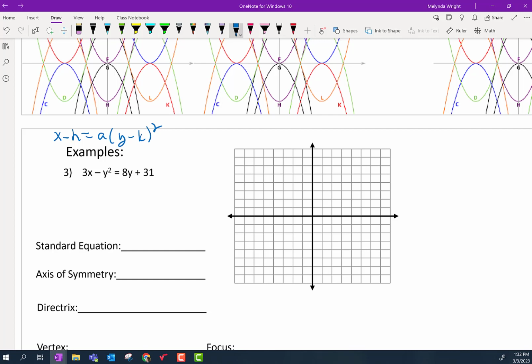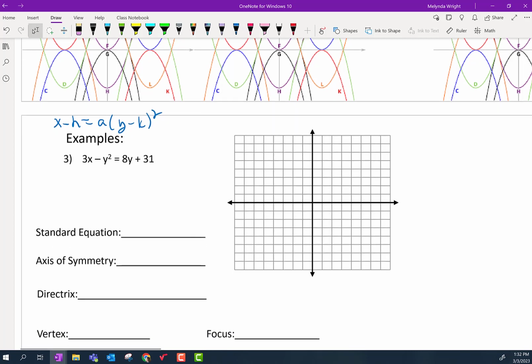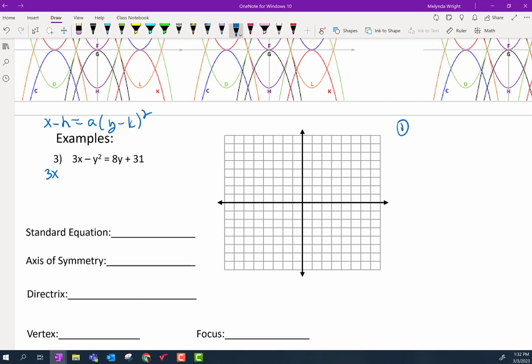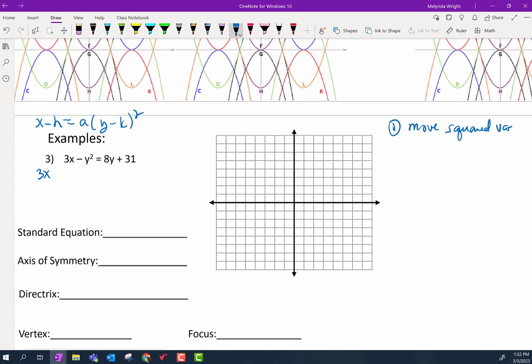Okay, so I need the x on the left side. It already is. That's great. So let's just start moving it where it should be. So I've got 3x. Okay, so I guess I should probably write steps out here. So number 1, move squared variable to right side. This is for parabolas. Squared variable and any other, those kinds.